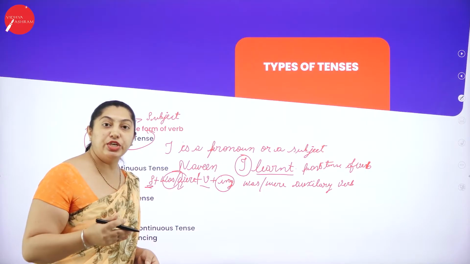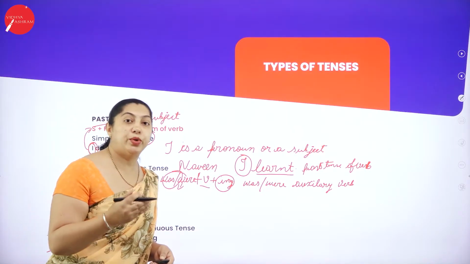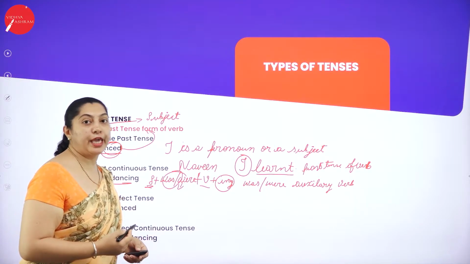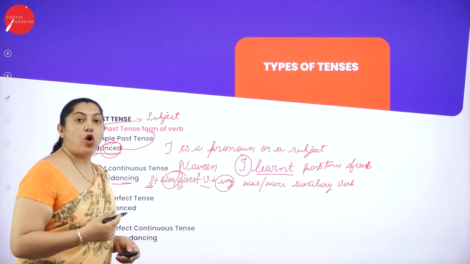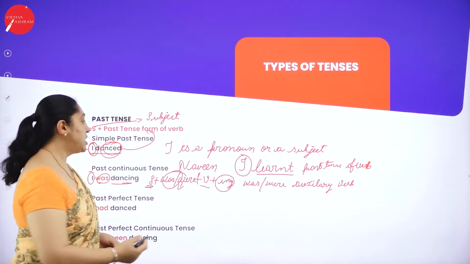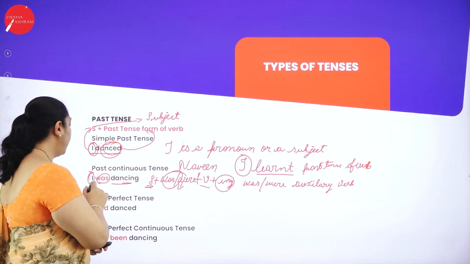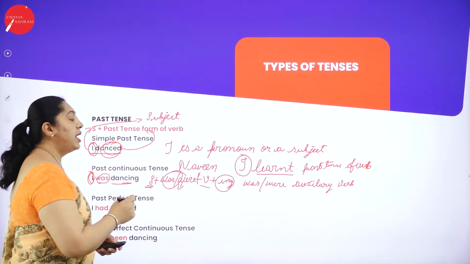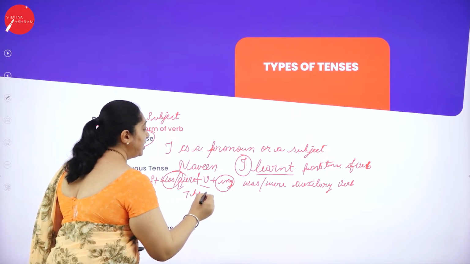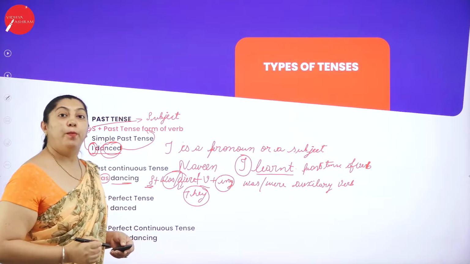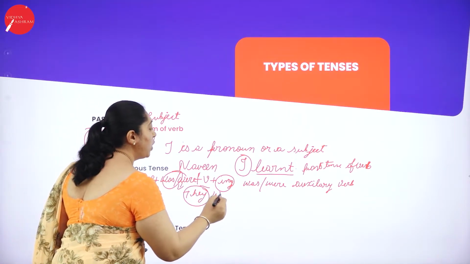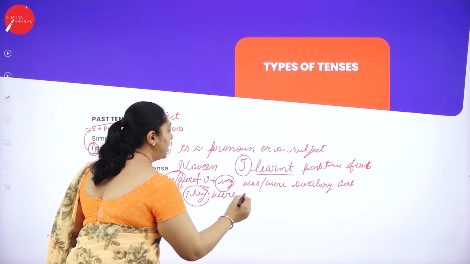You need to observe the auxiliary verbs very carefully, because as auxiliary verbs change, so do the tenses. Because I is singular, we use was. Now if I take they danced, the word they is in the plural form, so you will use the auxiliary verb were. They were dancing.